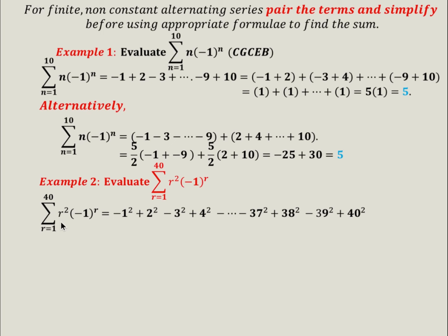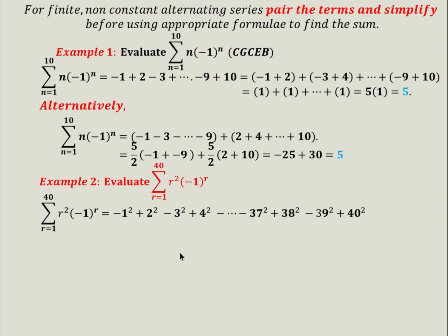And when r equals 2, we'll have 2 squared into -1 to the power 2, which will give plus 2 squared. And you can see the terms will be alternating in such a way that the odd positions are negative and the even positions are positive, up to -37 squared plus 38 squared minus 39 squared plus 40 squared, which is the last term.